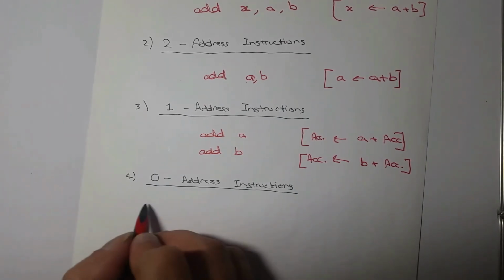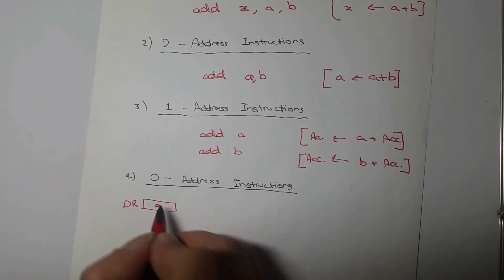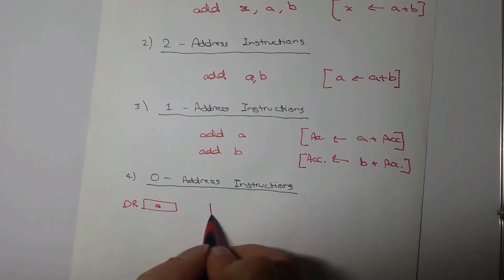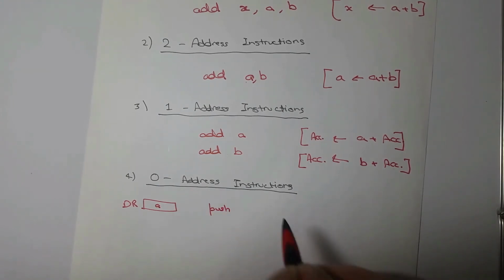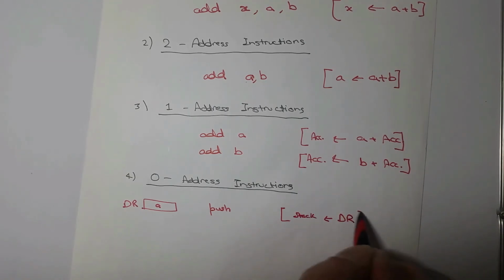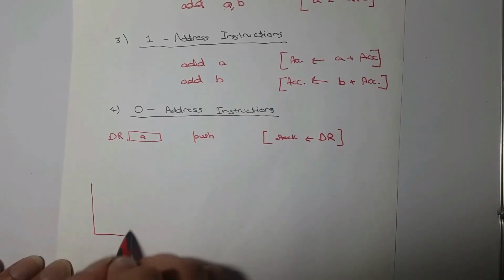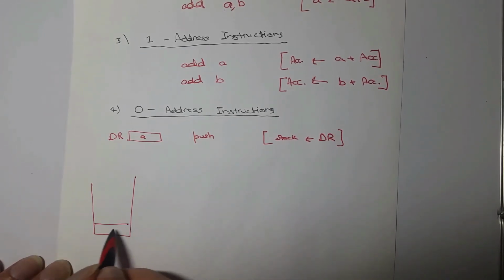So what we'll do is, in the data register we'll have A and we'll say push. This will push A from the data register to the top of stack. So if I were to give an example, let's say this is the stack.